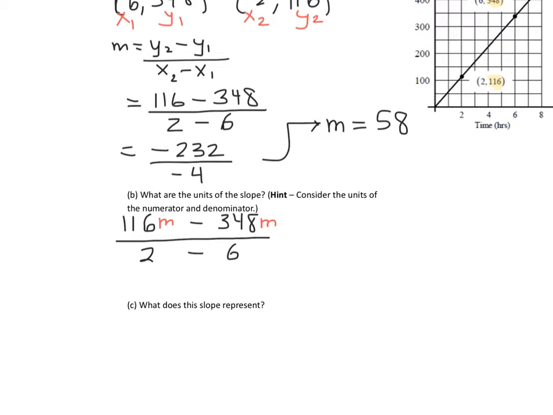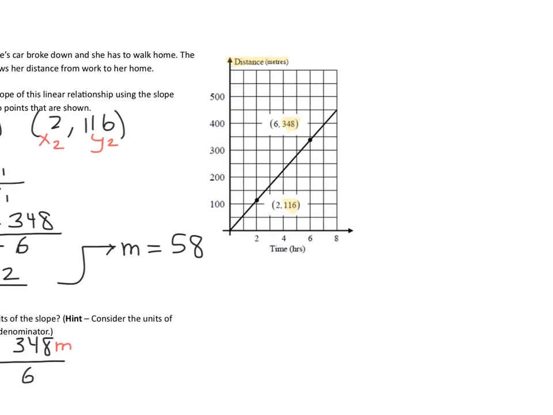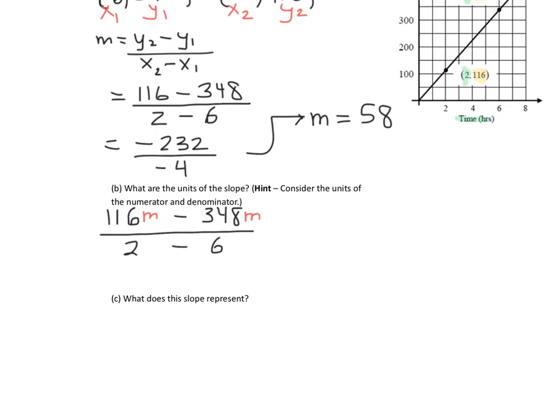The same thing goes for my x values. If I go back and look at my graph, my x values on the x-axis were time values that were measured in hours. So that means the 6 and the 2 were measurements of time measured in hours. So going back to my slope formula then, I can attach units. So this was 2 hours, and this was 6 hours.